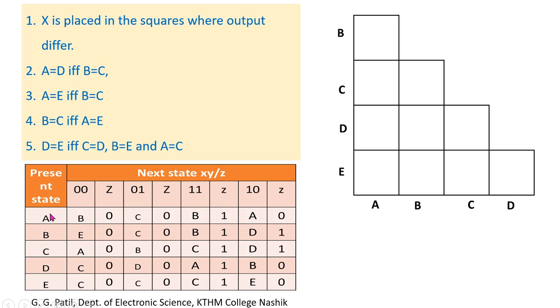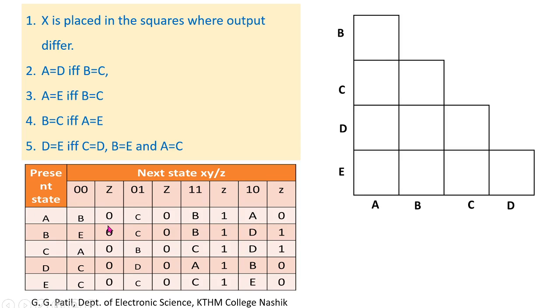Now, observe the first square. This first square represents AB, or in the table, the first two states A and B. First of all, we have to check the outputs only, whether they are the same or not.